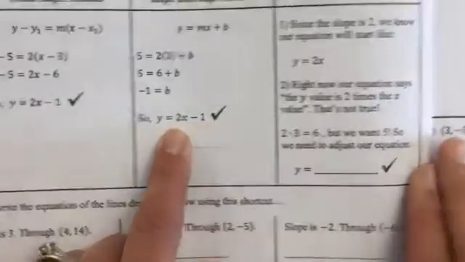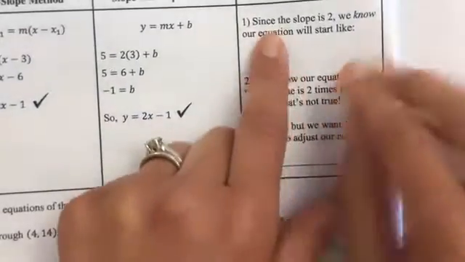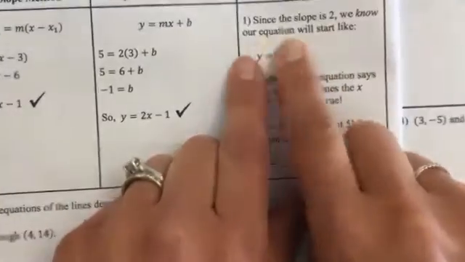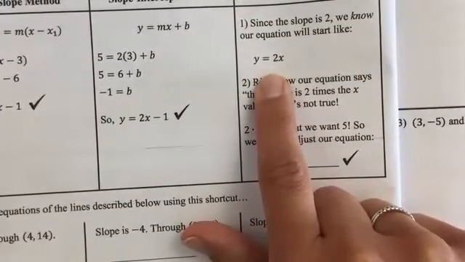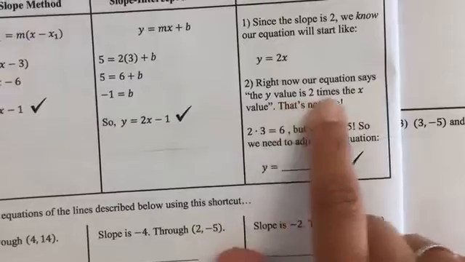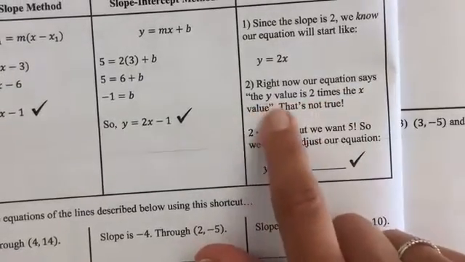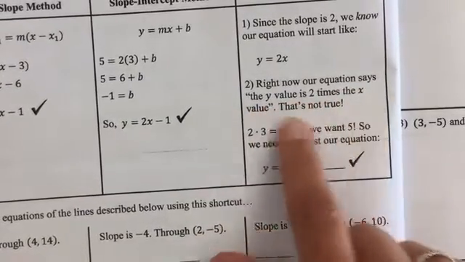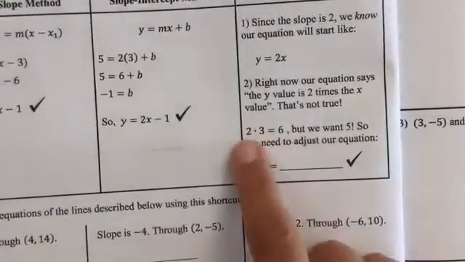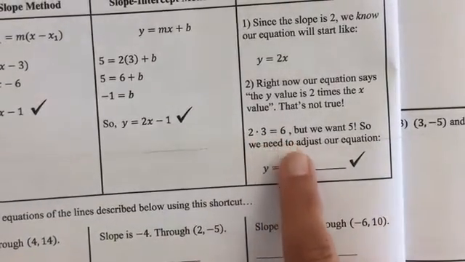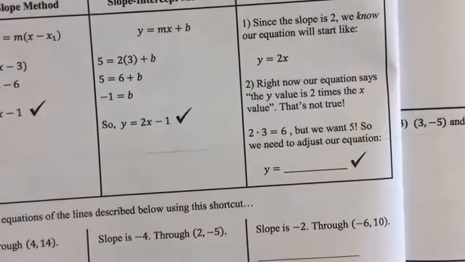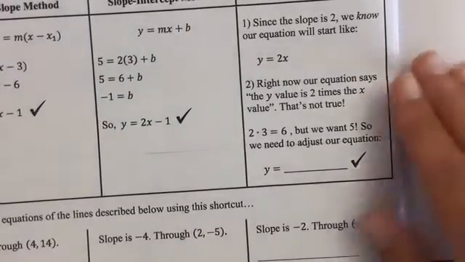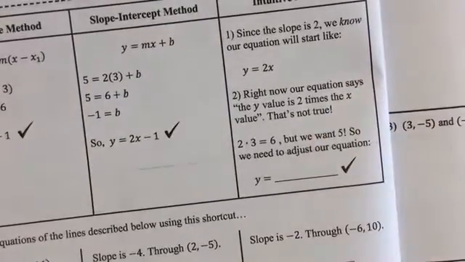Then the last method says, since the slope is 2, we know our equation will start like this: y equals 2x. Right now, our equation says that y value is 2 times x value. That's not true. 2 times 3 equals 6, but we want 5. So our equation would need to adjust. Basically, they're telling you to start with your equation.